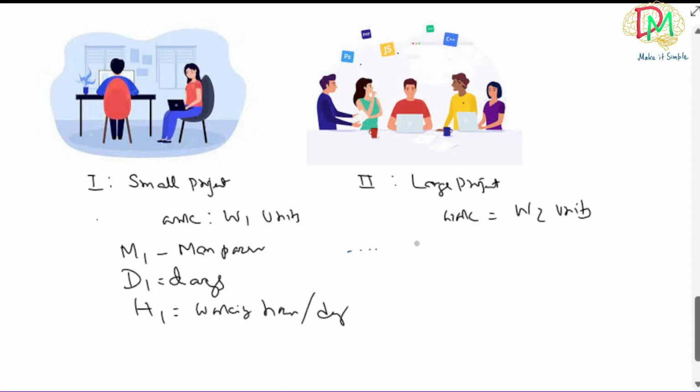But for the second project, the values are M2, D2, and H2.